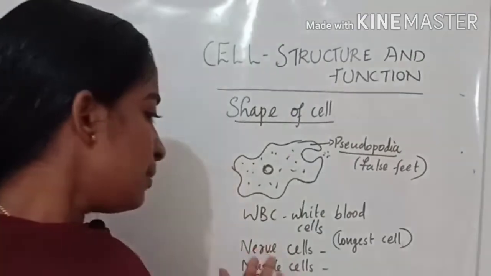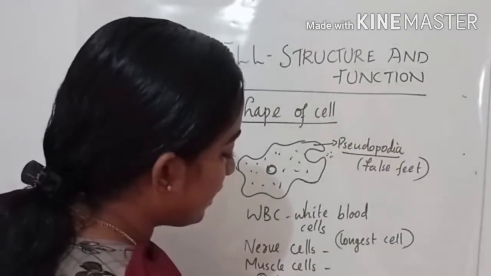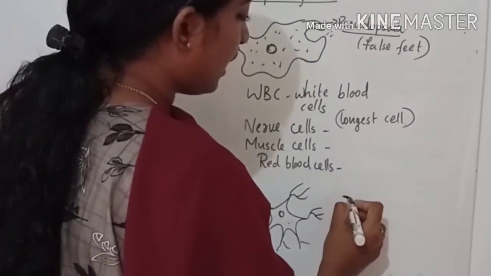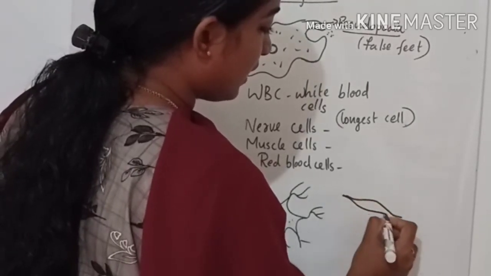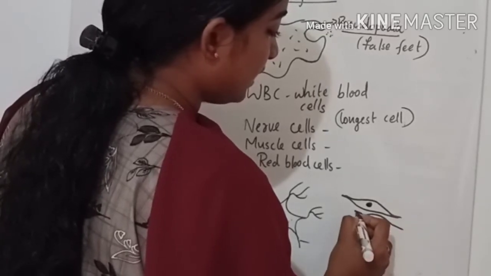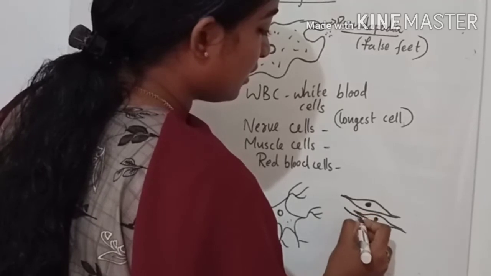Then muscle cells. They are long and pointed at the tip. So we can say it is a muscle cell, another kind of cell present in our body.